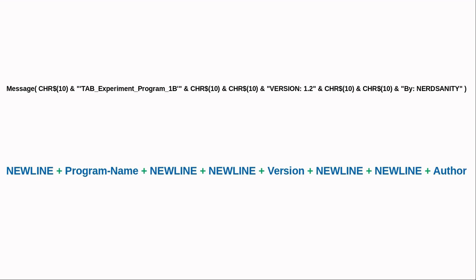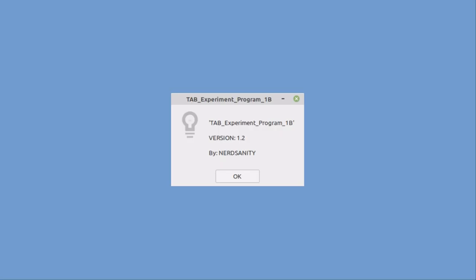So here is the effective functionality of the complex string which is being passed to the message function for the program's About pop-up message box. It contains all of the information and the formatting in a single text string. Now, I will be entering the code in the program's class file.